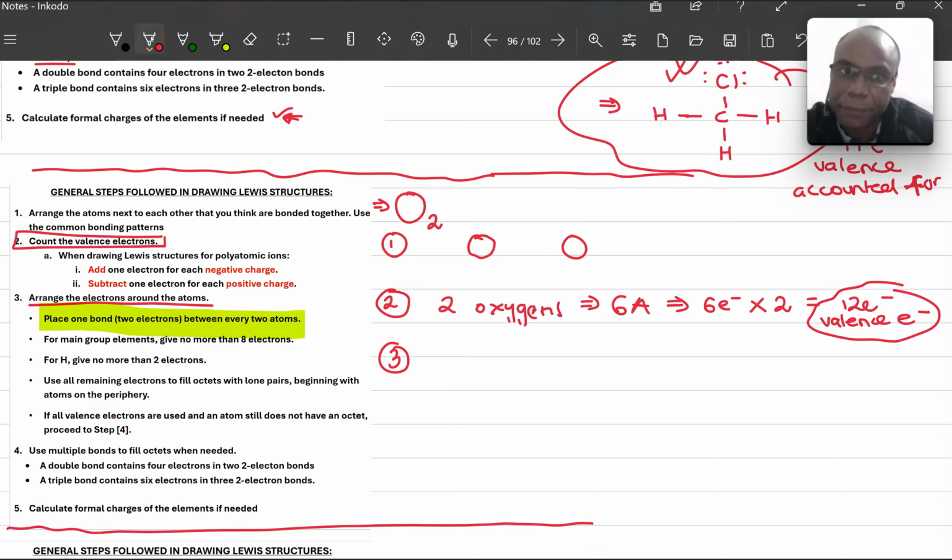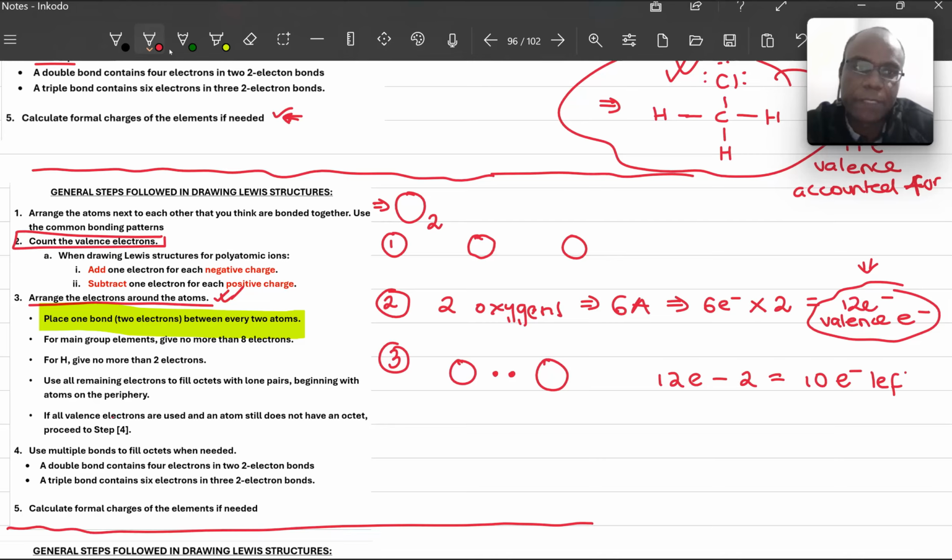Step number 3, we need to arrange the electrons around the atom. So I'm going to draw my 2 oxygens and use 2 electrons to make a bond. Now, out of the 12 valence electrons, I've used 2. I'm left with 10 valence electrons.